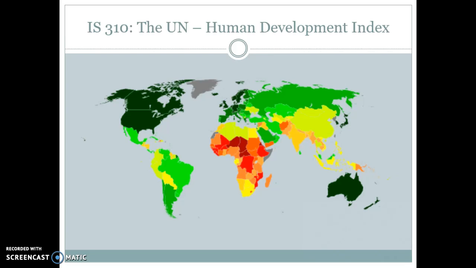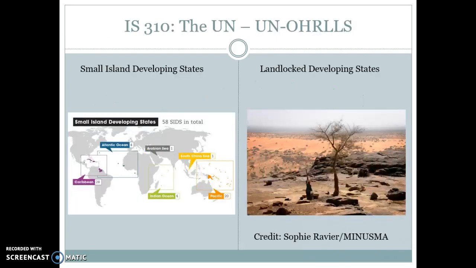Well, maybe it's more useful then to look at a place like the UN Office of the High Representative on Landlocked and Developing States. So these may be the states you're really thinking of when you're talking about states that need special considerations: landlocked developing states or small island developing states. These are places that have some sort of disadvantage when it comes to shocks to the system.